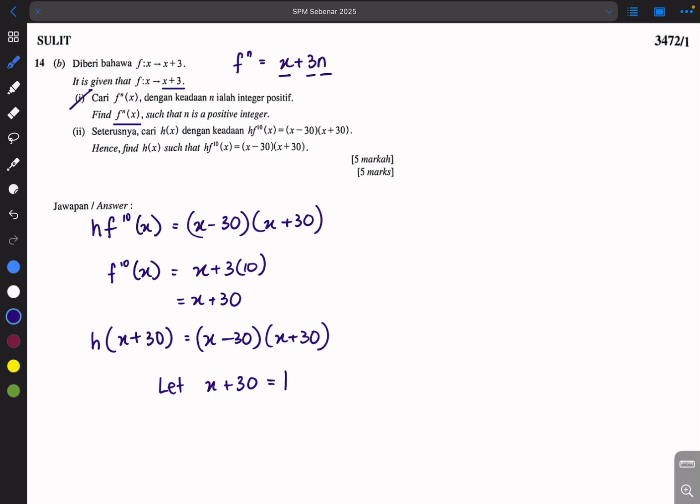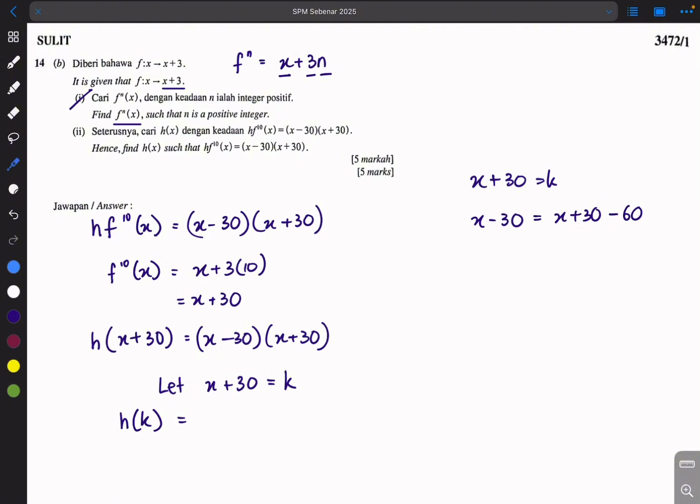So let's make this k. So x plus 30 would be k, means this will become h(k). X minus 30 is equivalent to x plus 30 minus 60.